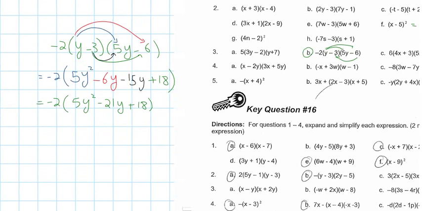You have to multiply that negative 2 in, to negative 10y squared plus 42y minus 36. Okay? So again, we're going back to the tacos example, to the everything by the negative 2.